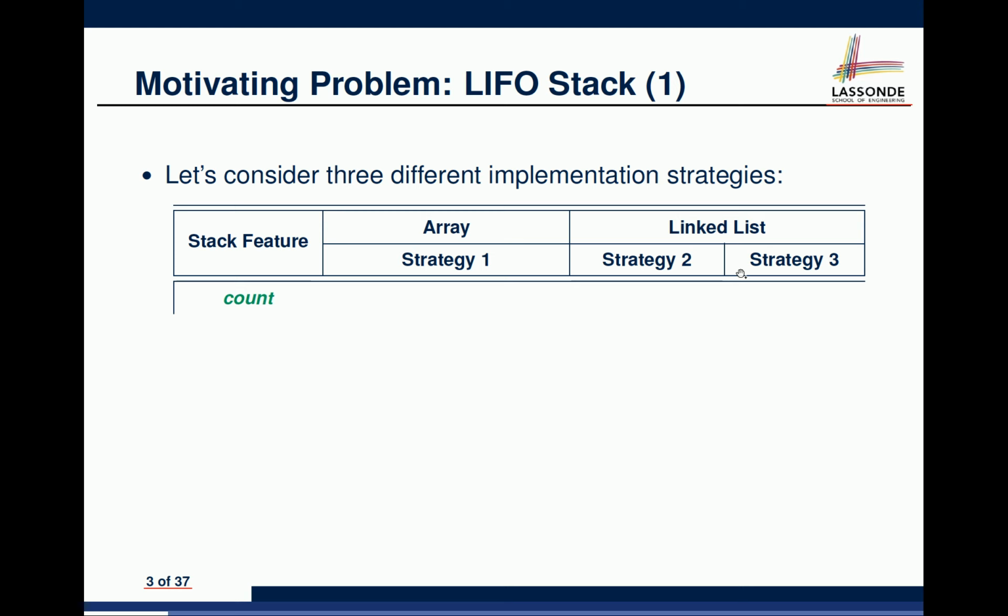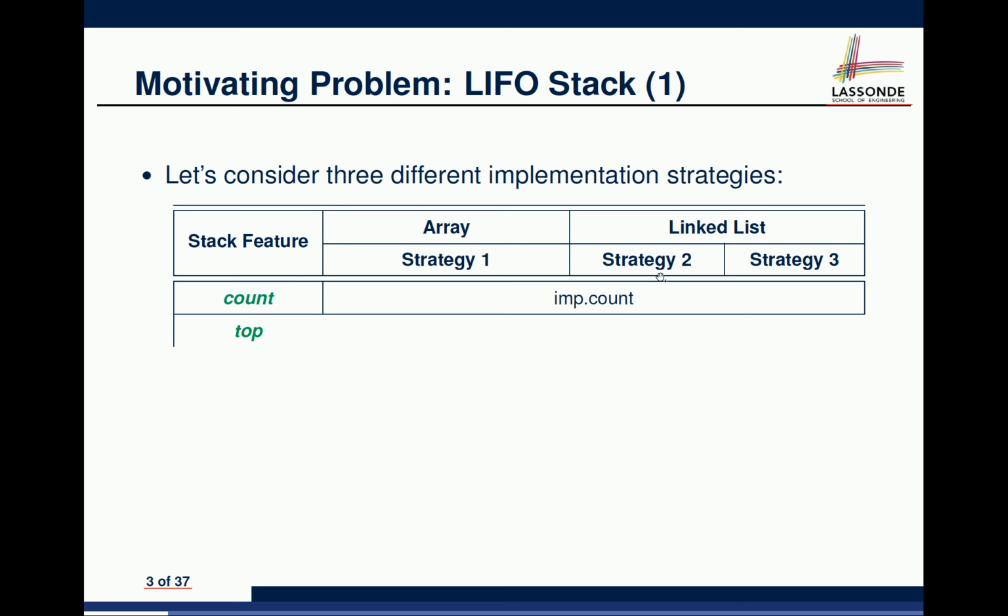As far as the stack is concerned, what features should we support? We should support count, push, pop, and things like that, right? For the count, it's easy. We simply declare some implementation attribute called imp. Imp could be of type array, or could be of type linked list. And then we can also support top.